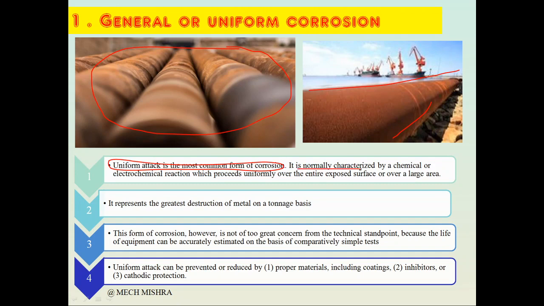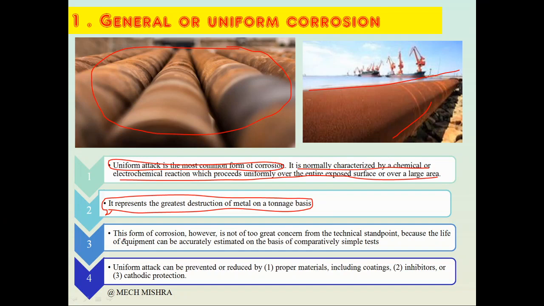It's normally characterized by a chemical or electrochemical reaction which is uniform over the entire exposed surface or over a large area. It represents the greatest destruction of metal on a tonnage basis. If we classify corrosion based on wastage, the first is uniform corrosion, with the largest quantity of metal being destroyed by this form of corrosion.